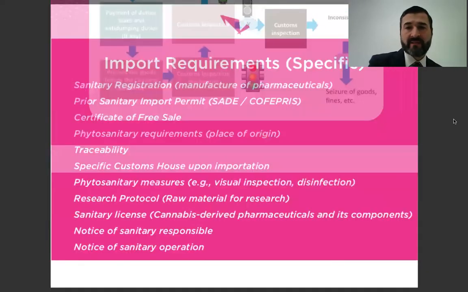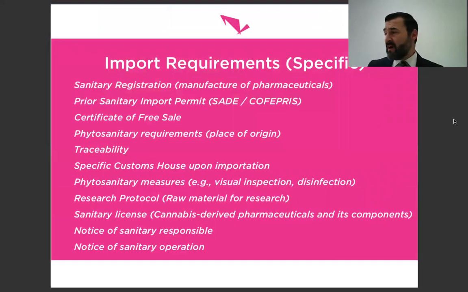Okay, let's go to the next slide, please. These are the specific import requirements. These specific import requirements are, as I told you about a few moments ago, depending on what is the tariff item of your product, what is the tariff classification, or under what number the product is classified, whether it is raw material, whether it is cannabis derivative, whether it's also a cannabis drug, is experimental or already in the market.